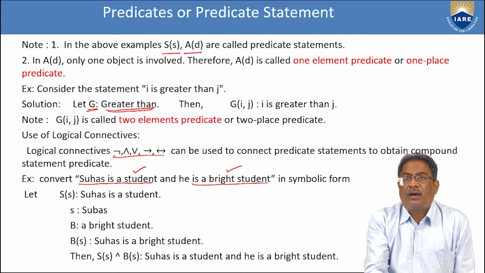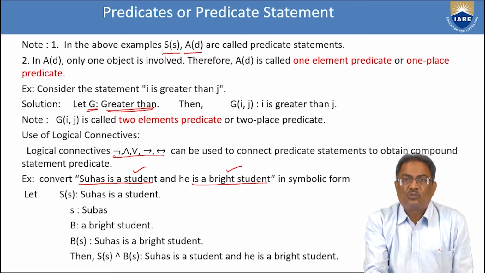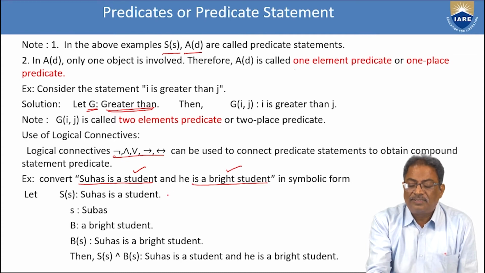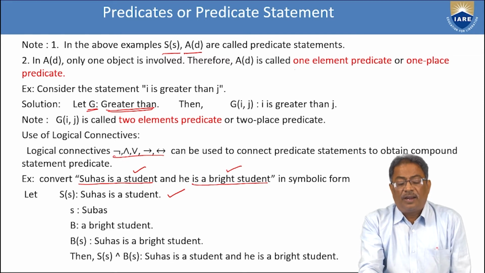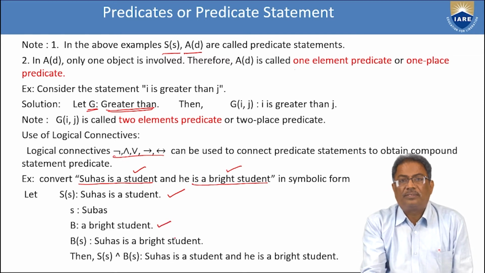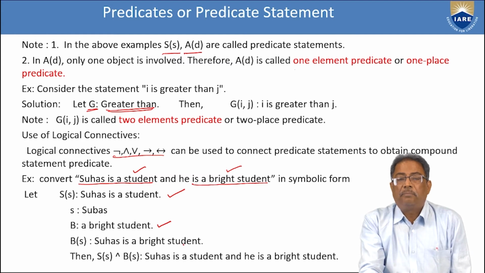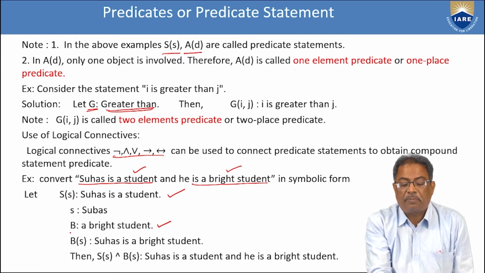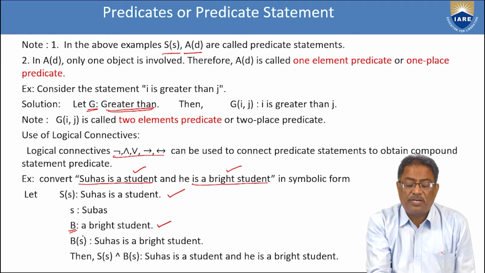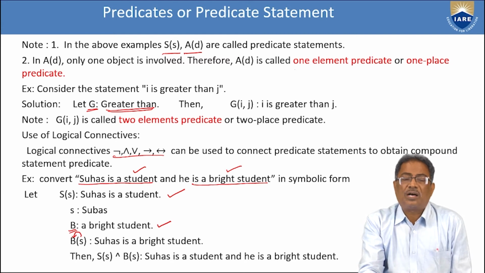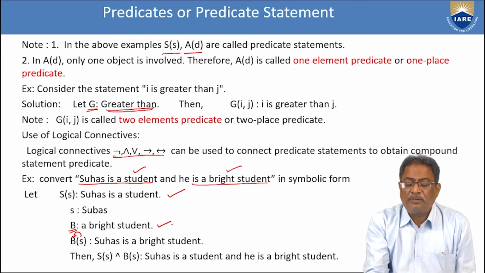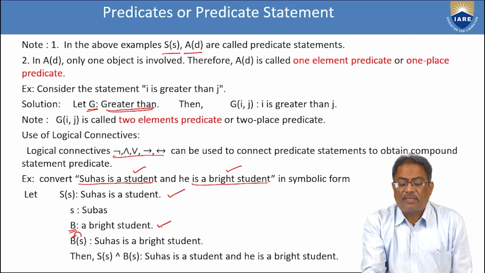Capital S is a student and small s is Suhas, so S of s means Suhas is a student. B is a bright student, another predicate, and B of s means Suhas is a bright student. This is one predicate statement, and this is another predicate statement.